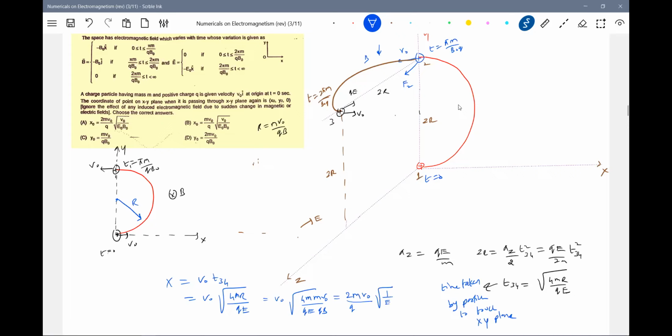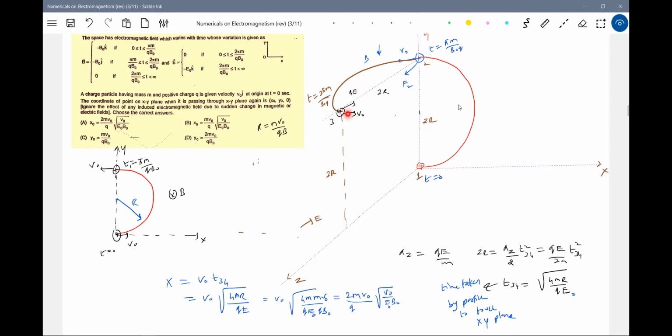Inside it will be E0, B0. No options are matching. Two mv0 by Q, v0, E0, B0. One v0 will be here.